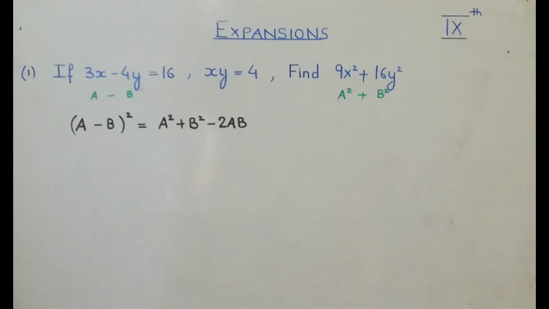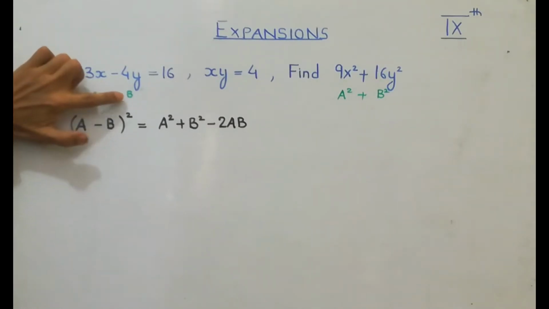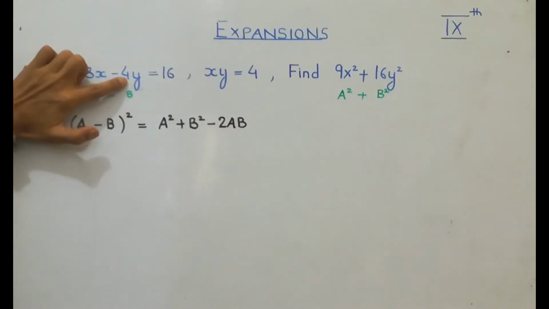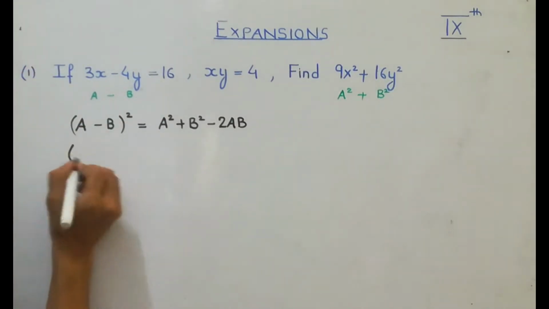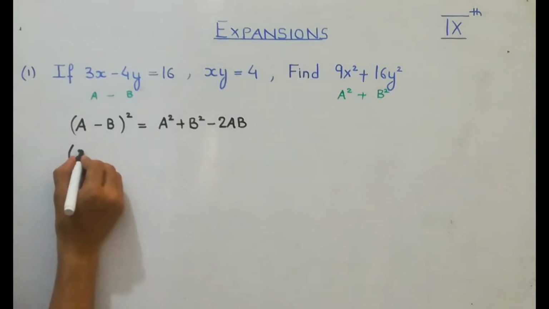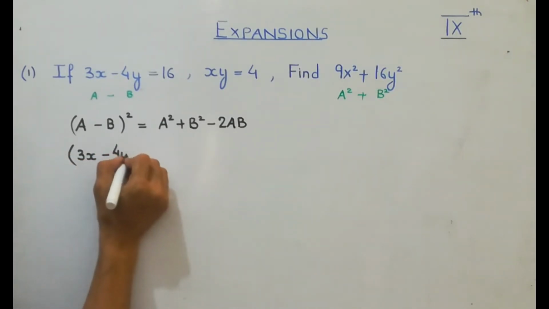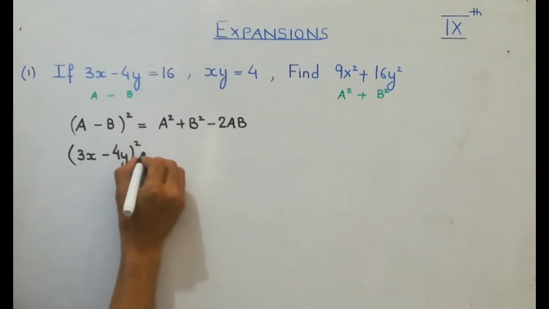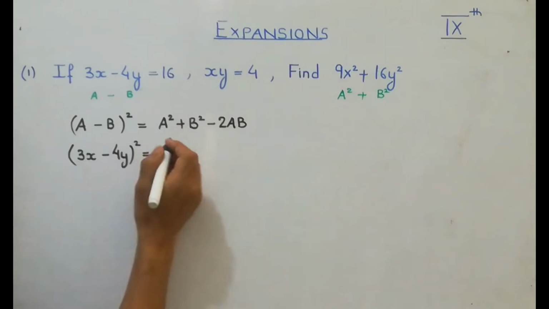This is the formula that we have written, so we are going to apply this formula. Now in this formula, we know that A is to be replaced by 3x and B is to be replaced by 4y. So in this formula, you are going to replace A by 3x and B by 4y. So we have replaced A and B on the left side as well as on the right side.